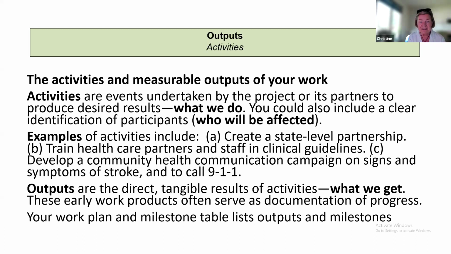Examples: create state-level partnerships, train healthcare partners, develop a community health communication campaign, all these things. But what is important, and what's not well represented in my example, is that preferably you put a number to it, because that's what makes outputs measurable.